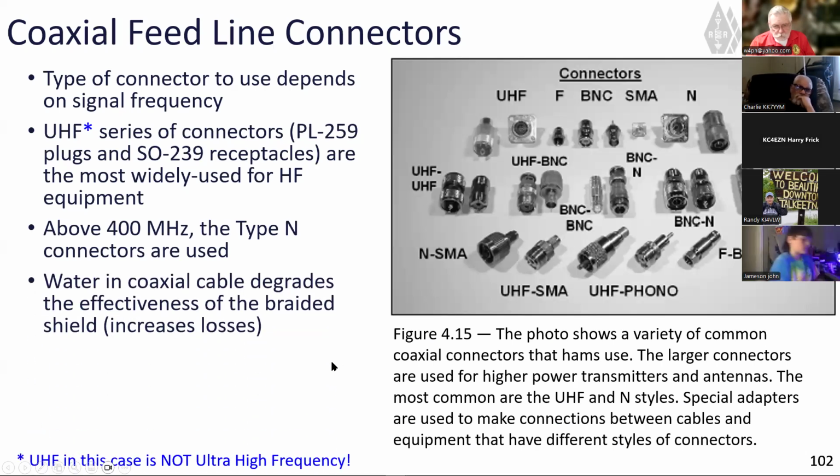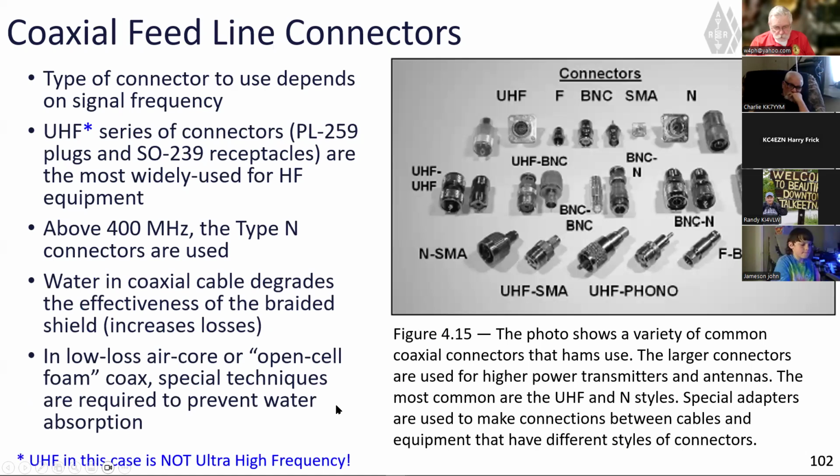Water in coaxial cable degrades the effectiveness of the braid, the shield, and increases losses. In low loss, air core, or open cell foam coax, special techniques are required to prevent water absorption. UHF in this case is not ultra high frequency.